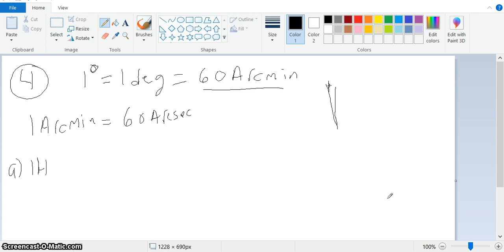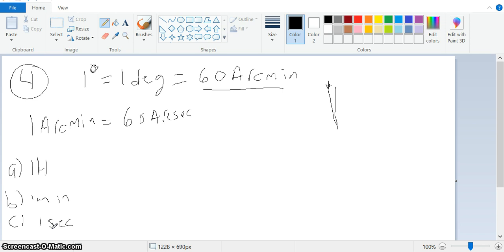Part B is for 1 minute, and part C is for 1 second. So don't get confused by it: even though it says arc minutes and arc seconds, those are angles.